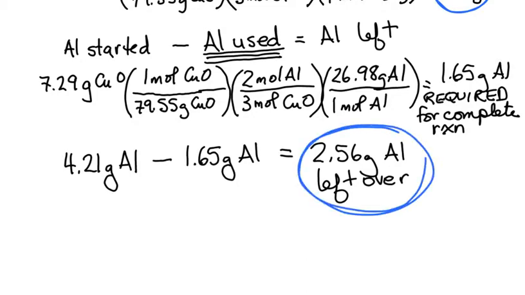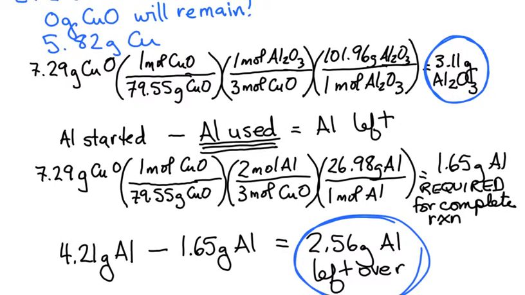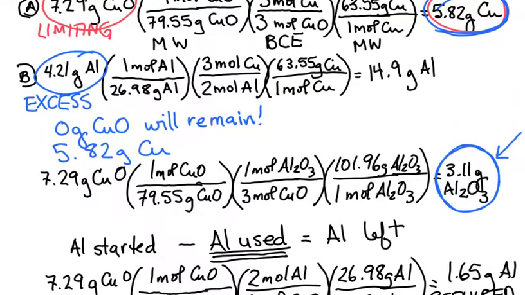So that's how much aluminum is left over. We determined how much aluminum oxide is formed. We determined that no copper 2 oxide will remain because it's the limiting reagent. And we determined how much copper is formed as well.